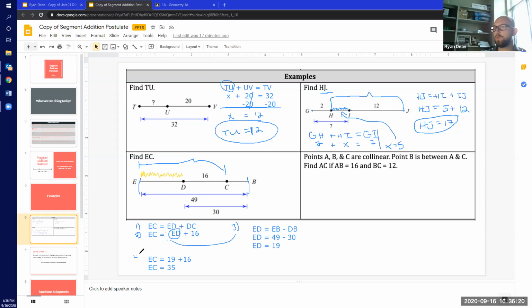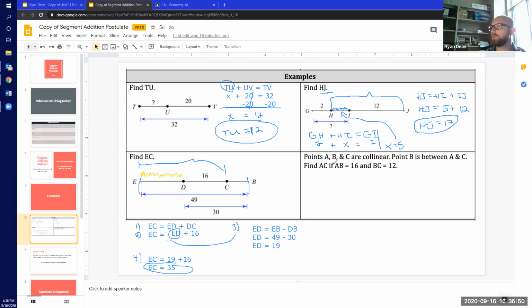So our step 4 is plugging our 19 back in. 19 plus 16 gives us 35, which is E to C. So that one's a little bit more complicated. Just like how we can add segments together, we can also subtract segments as well. And that's what we used right here. So this would be a little bit of segment subtraction.